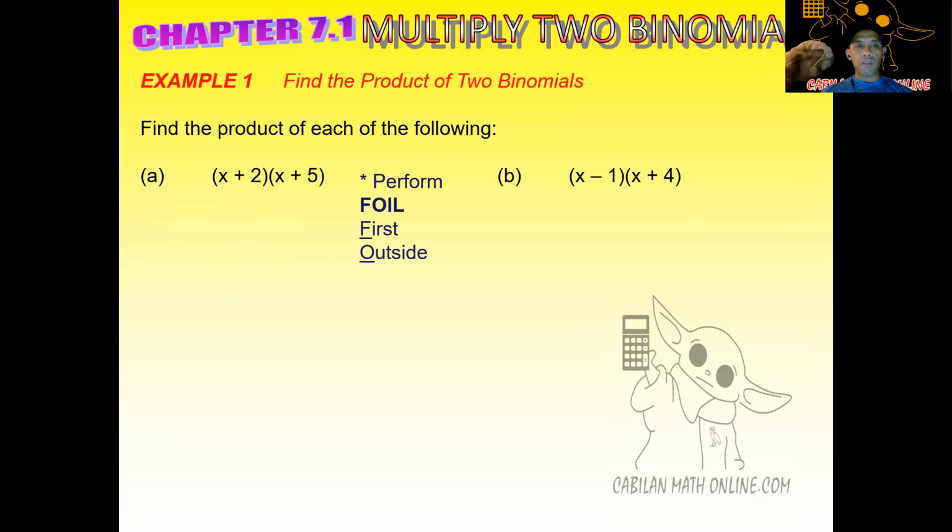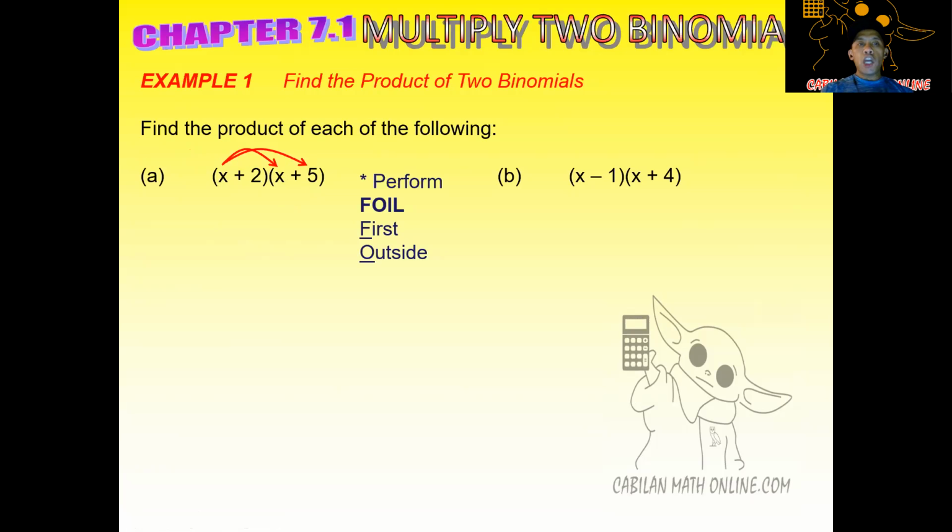So this x over here is going to multiply itself to the x in the other bracket, as well as the 5 in the bracket like this. Now you notice I put this down with arrows just to show you exactly what you are multiplying. Now here's a part that's also relatively new for you.